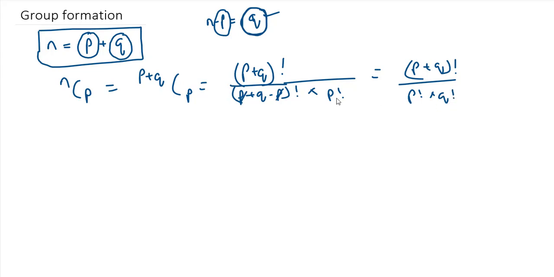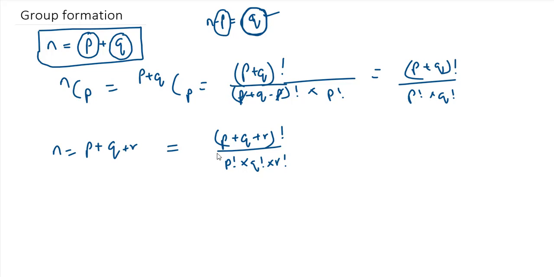If we needed to divide these n people into three groups of sizes p, q and r, this can be done in (p plus q plus r) factorial ways, the whole divided by p factorial into q factorial into r factorial.